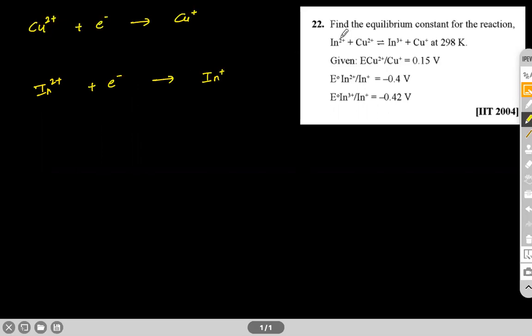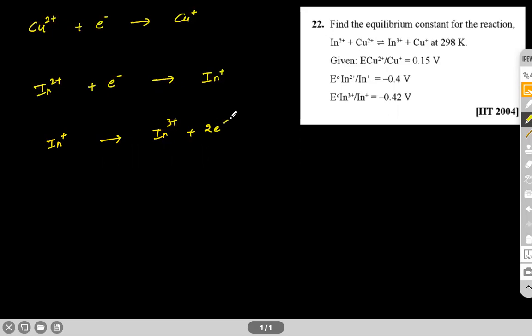Another reaction is In2+ converts into In3+. To get this reaction, I'll write it so that In3+ is on the right hand side. So In+ gives In3+ plus 2 electrons.